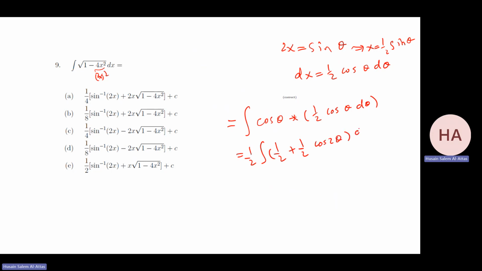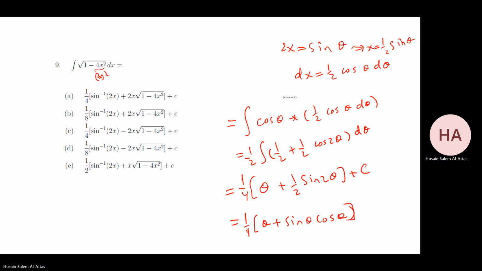We did something like this before. So I have 1 over 4 times theta plus 1 over 2 sine 2 theta plus c. So it's 1 over 4 theta plus sine theta cosine theta plus c. So now if sine theta equals 2x, this is theta, the 2x over 1, that will be opposite over adjacent. And this will be square root of 1 minus 4x squared.